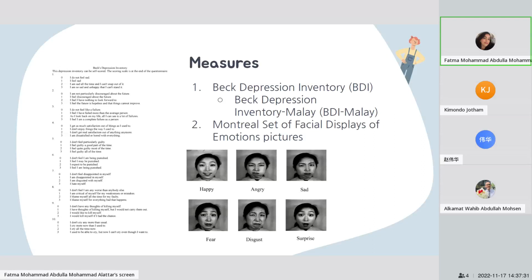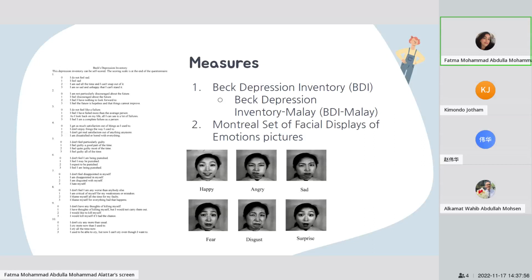And after the assessment, the scores are summed up to get a result. And the BDI Malay is similar. Here in the slide, I have given an example of how the BDI test looks like. It is worth mentioning that in addition to the BDI assessment, the participants were evaluated for MDD by experts, by therapists.